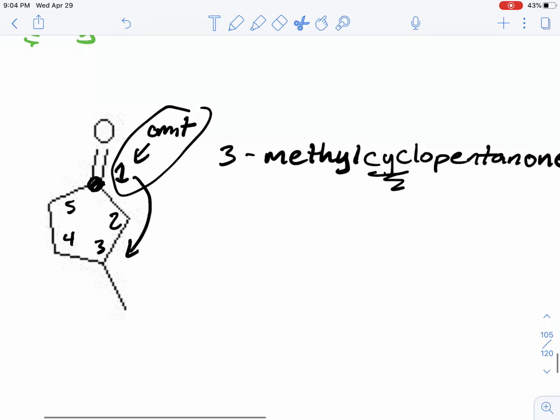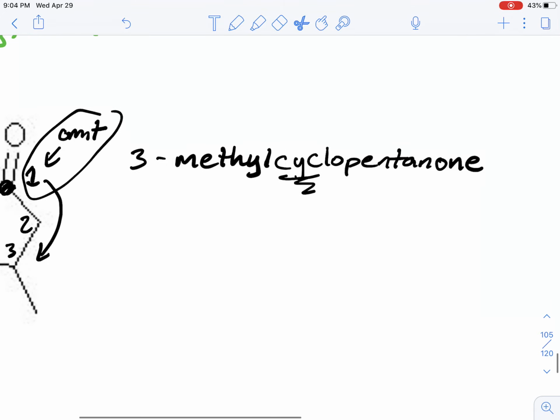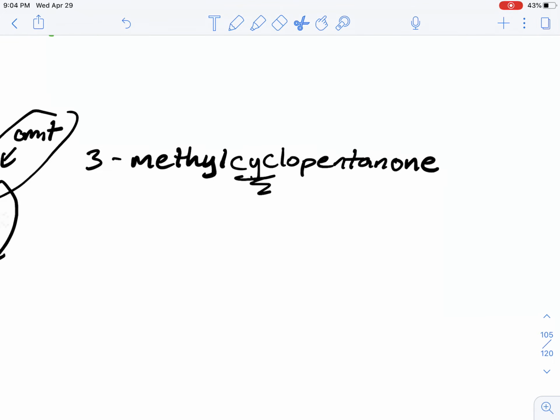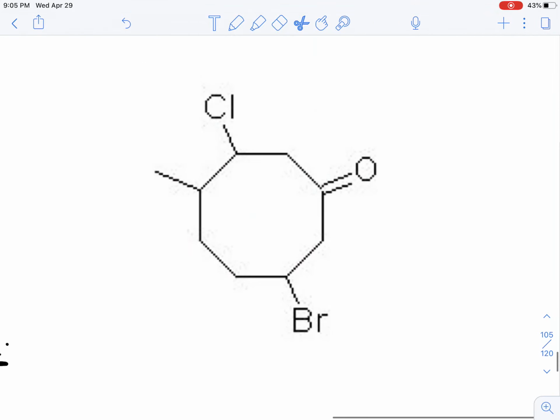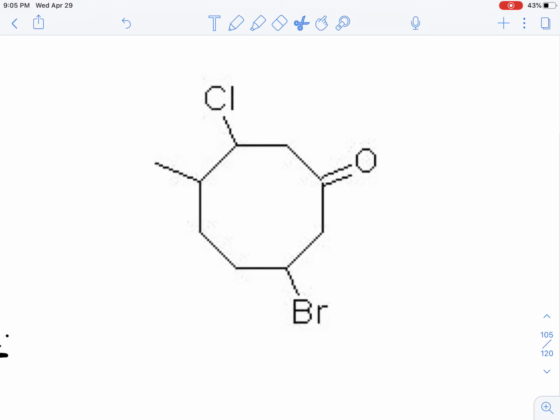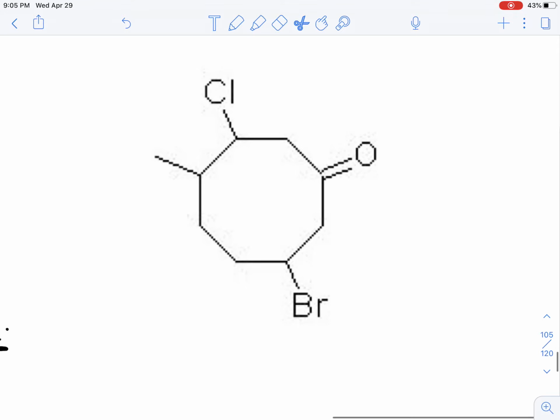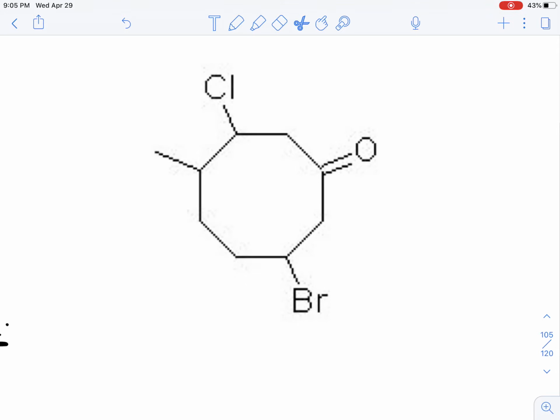And this is going to be my final answer, 3-methylcyclopentanone. All right, so let's go ahead and look at our next example. I don't think this is our last example.